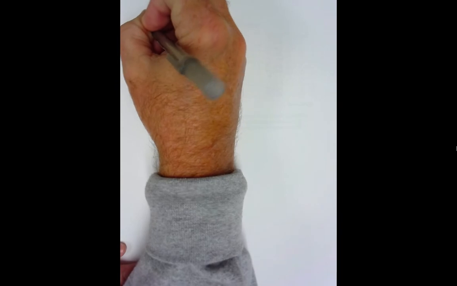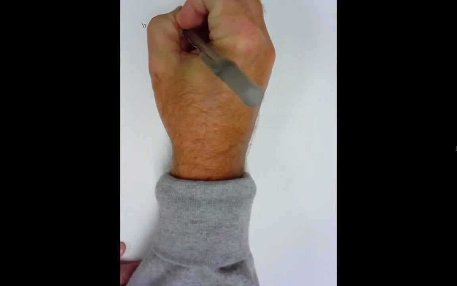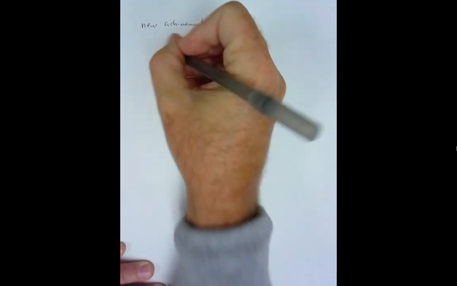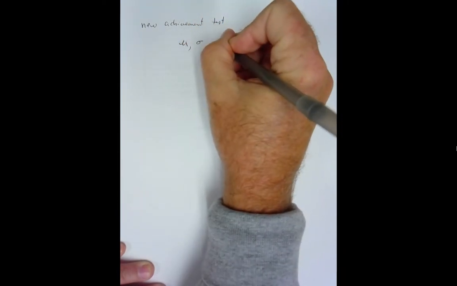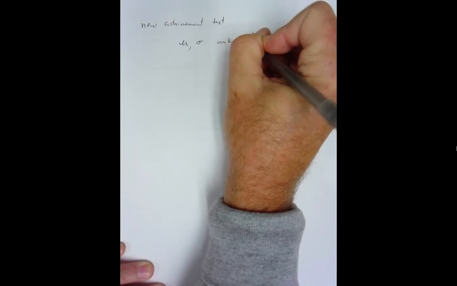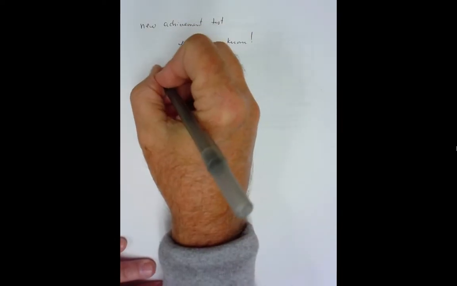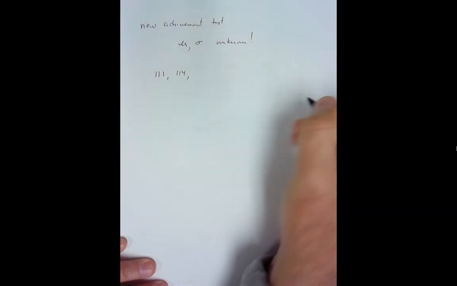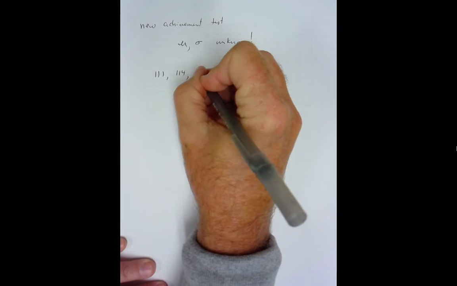All right, there's been a new test that's come out. Let's say that there's a new achievement test. We don't know anything about the mean or the standard deviation. So all this is unknown. So we give this new test to 5 students at Shawnee State. One scores 111. The other scores 114.